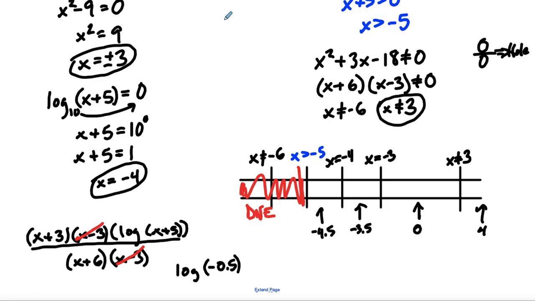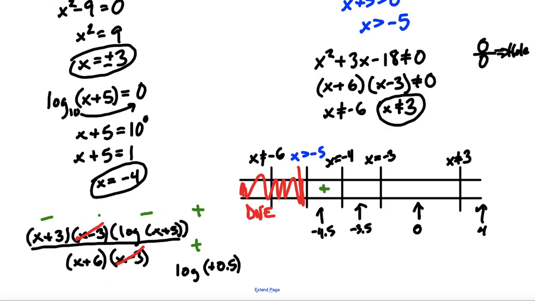Well, what that means is that that part is going to be negative. So we're just going to make a little tally here. That's going to be negative. That's going to be negative. So negative times negative will give you a positive. And then down here, you would have positive. So that means right here is going to be positive.